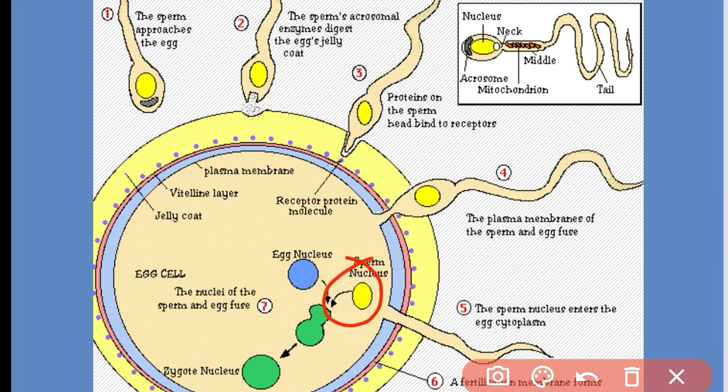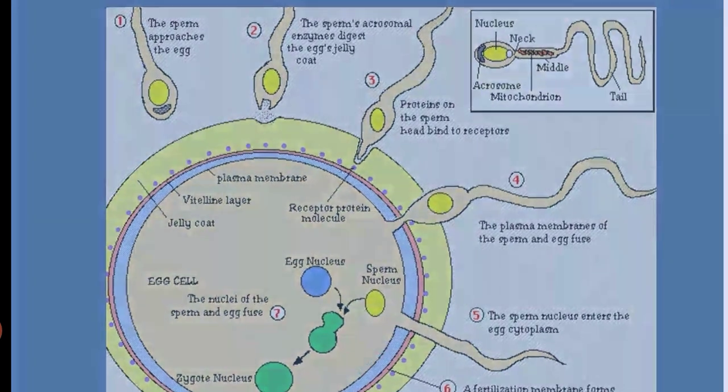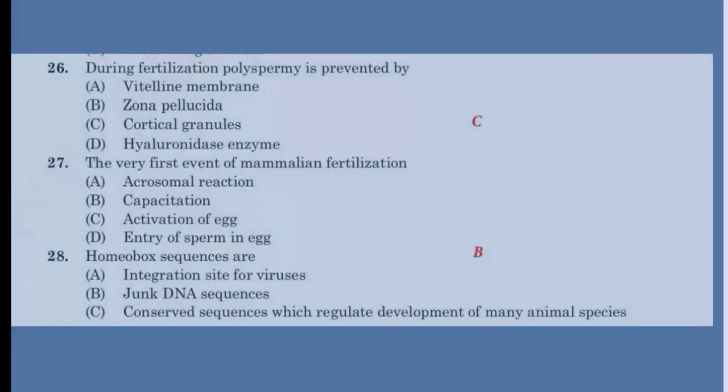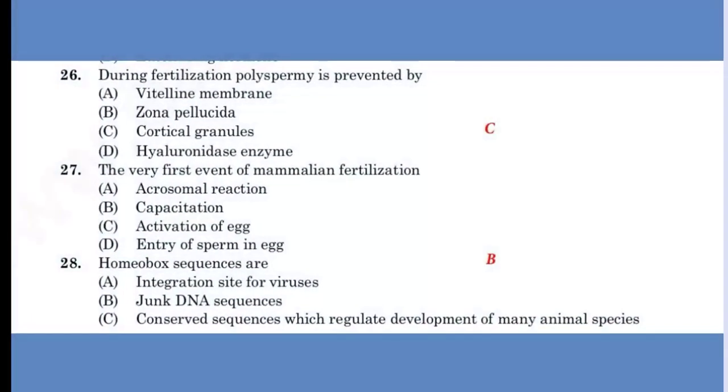This is the nucleus of the sperm, and it gets fused to the egg nucleus and forms a zygotic nucleus, and this is fertilization. So the question asked, the very first event of mammalian fertilization is the capacitation.